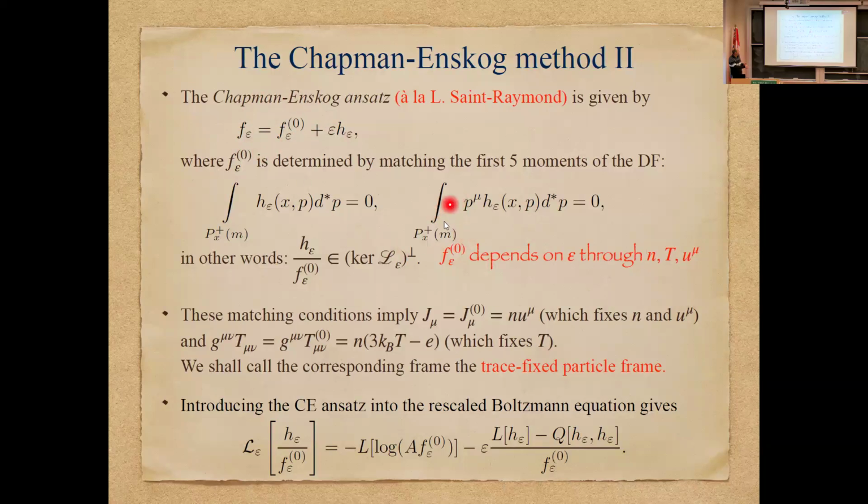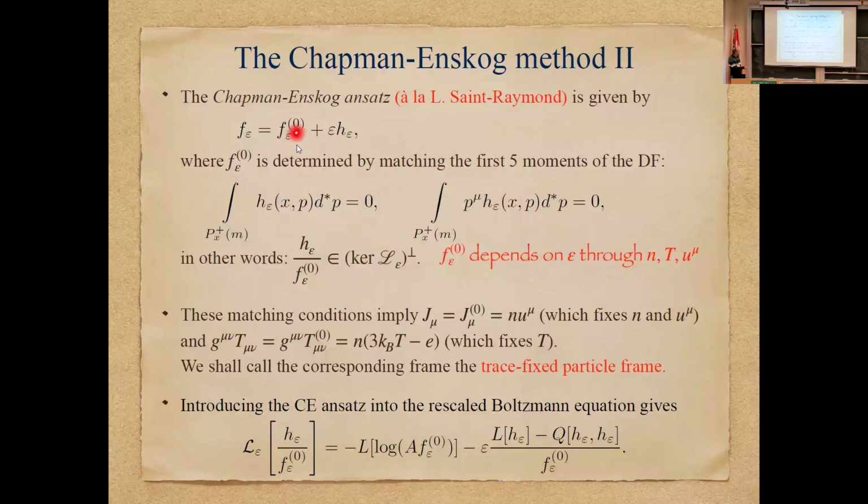And then for the next 4 moments, if you multiply with p mu, this should also be 0. I claim this is very natural, because this means that if you divide H epsilon by F0, this is in the orthogonal complement of the kernel of the linearized collision operator. And this is why you can invert your collision operator. What this would mean, of course, is that this local distribution function F epsilon 0 will depend on epsilon through n, T, and u.